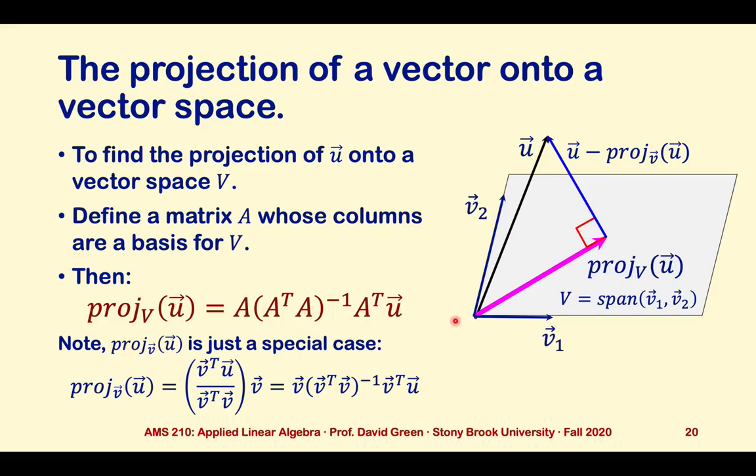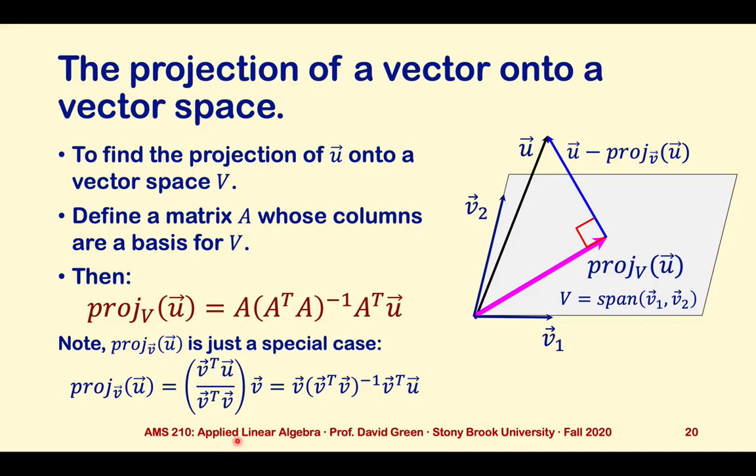If we take a look at this and compare it to the projection of a vector onto a vector, that first result ends up just being a special case of this, which it should. The projection of a vector onto another vector, we can consider that vector as being the basis for a one-dimensional vector space.